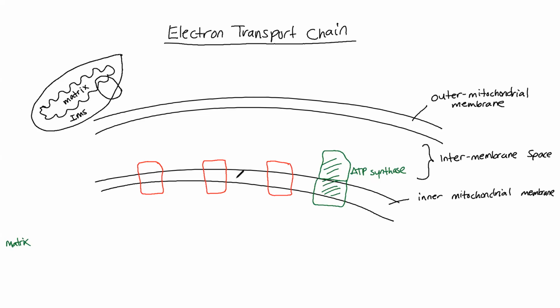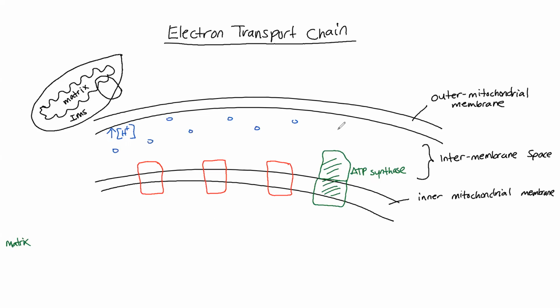And so across this space, we have this gradient set up where there is a higher concentration of hydrogen ions out in the space here. So we can say hydrogen ions, electrons, pretty much synonymous. Charged particles out here.